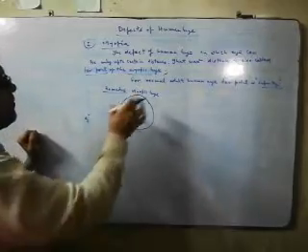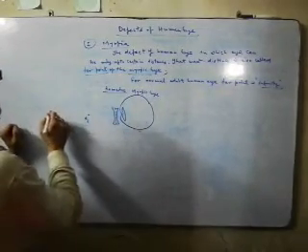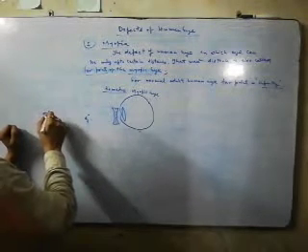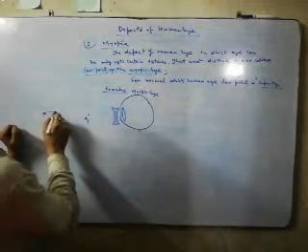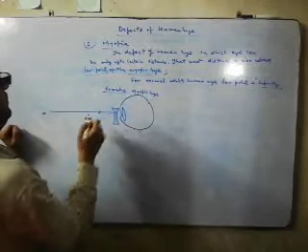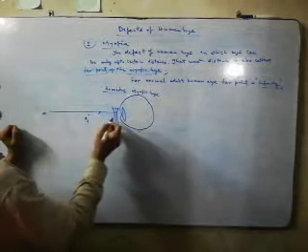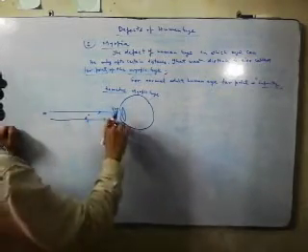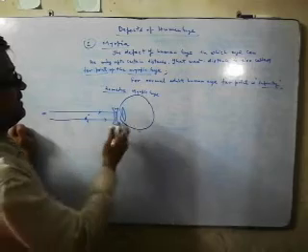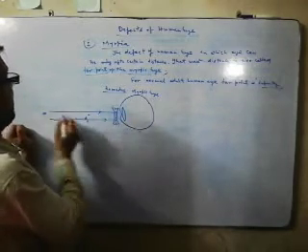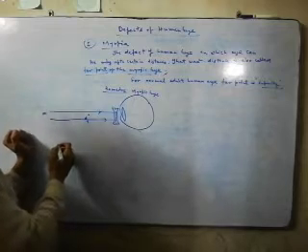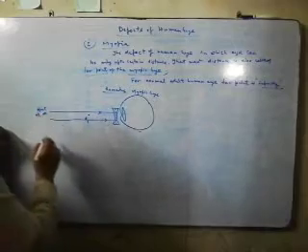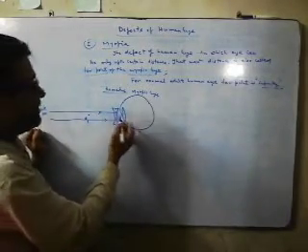So what we see in this myopic eye is that when the object is placed at infinity, the light rays which are coming from infinity are diverged by the concave lens.